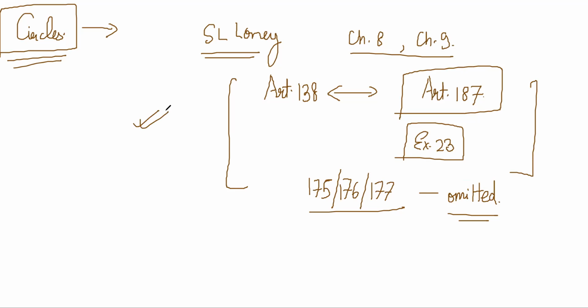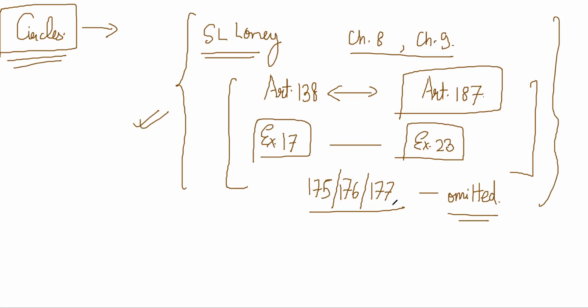There are multiple exercises, exercise number 17 to 23. Some one or two will be omitted, but mostly this is the syllabus. If you can do SL only, then you can do any question in advanced. From the circle chapter onwards, SL only is way tougher than any other thing that you will encounter.